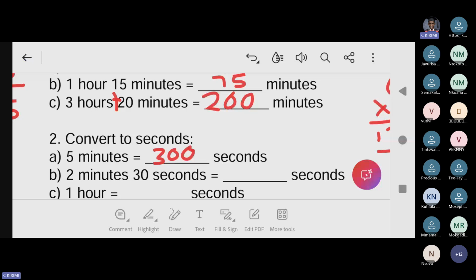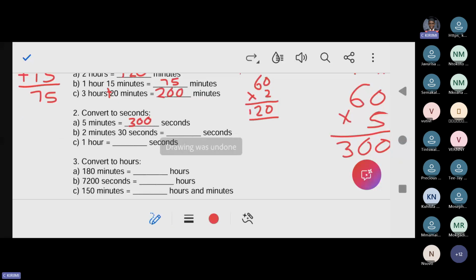We are going to say 2 minutes is 60 seconds times 2. 2 times 0, that's 0. 2 times 6, that's 12.